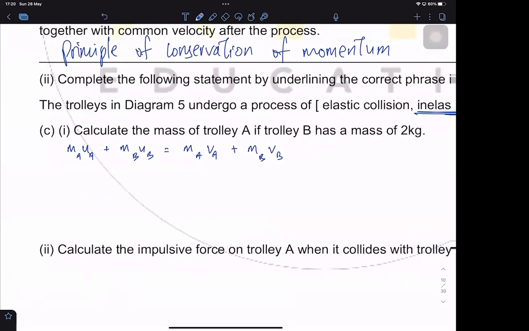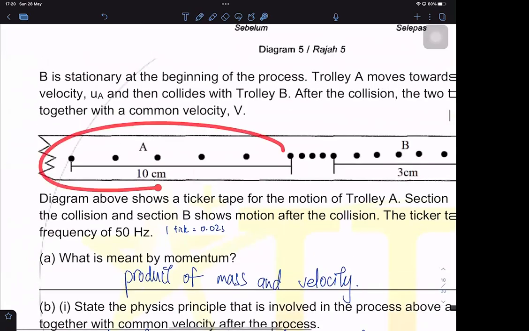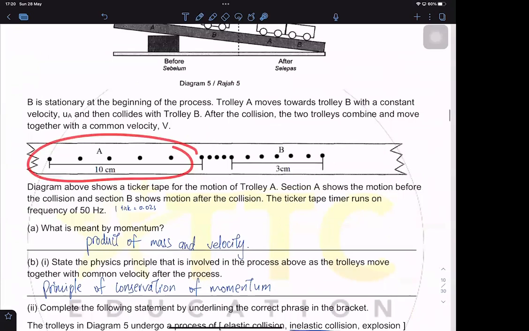Okay, the mass of A is what we are trying to find. What is the initial velocity of A? For the initial velocity, we need to look at the ticker tape. We have to get it from the ticker tape there.